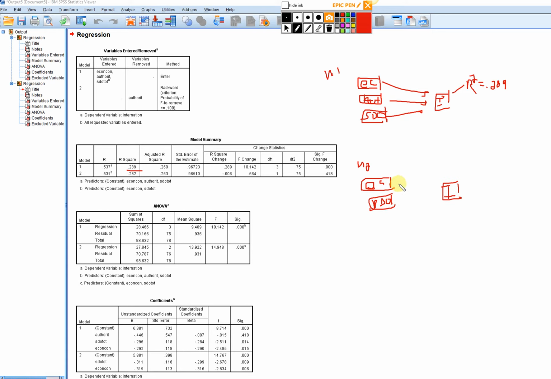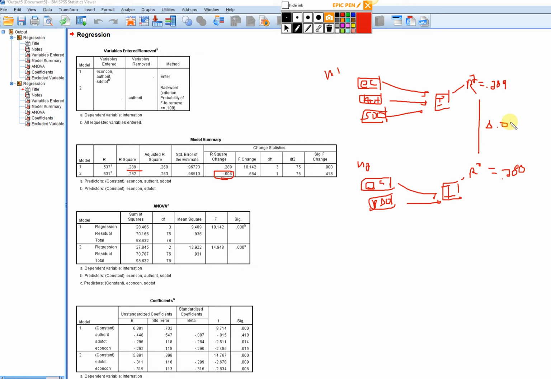You'll notice that the R-squared value is equal to 0.282, and essentially the change between these two is negligible. When we dropped out the authoritarianism variable, we decreased the predictive power by only 0.6%.